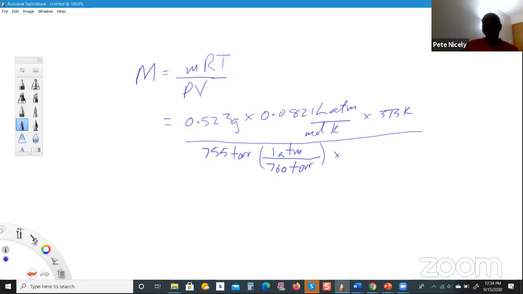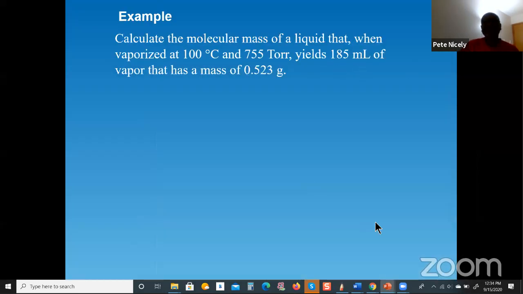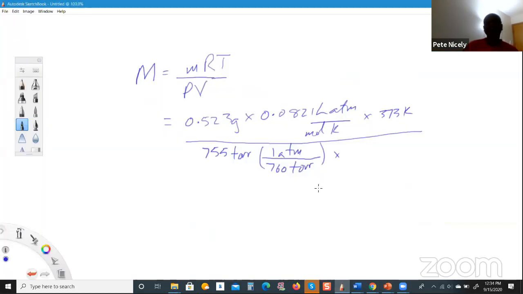If I remember correctly, the volume is 185 mL, which we have to convert to liters. So I'm going to do that here. 185 milliliters, and we convert to liters by multiplying by 1 liter over 1,000 milliliters.